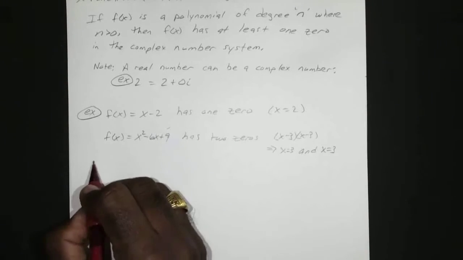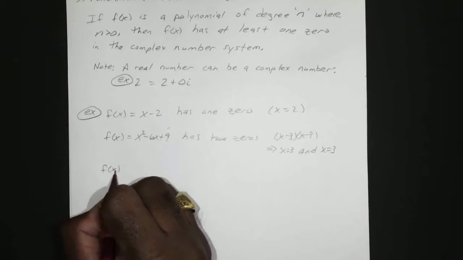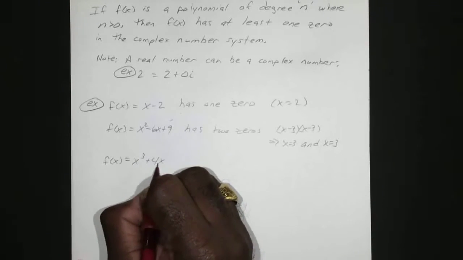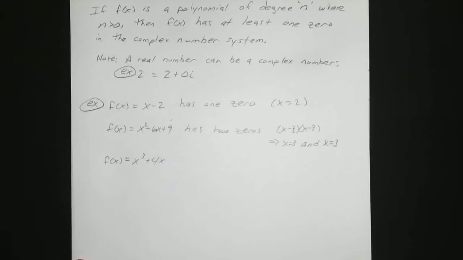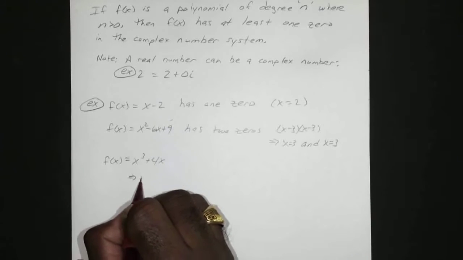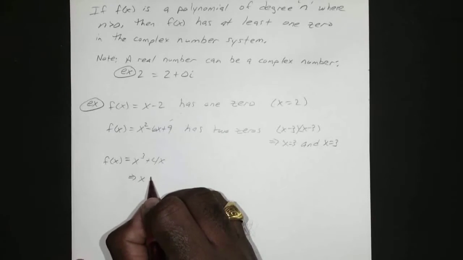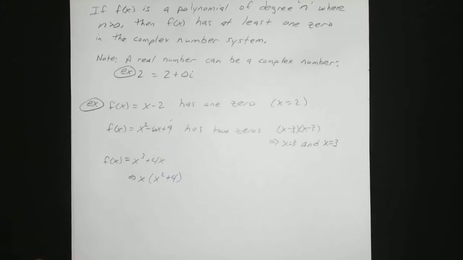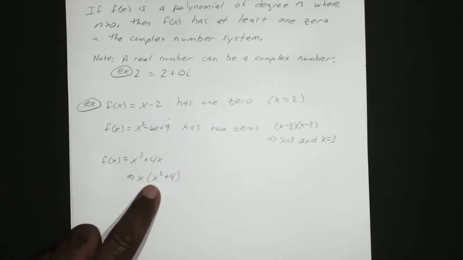Okay, so if you have, let's say, f of x equals x to the third plus 4x, if you factor out that x, you have x squared plus 4.